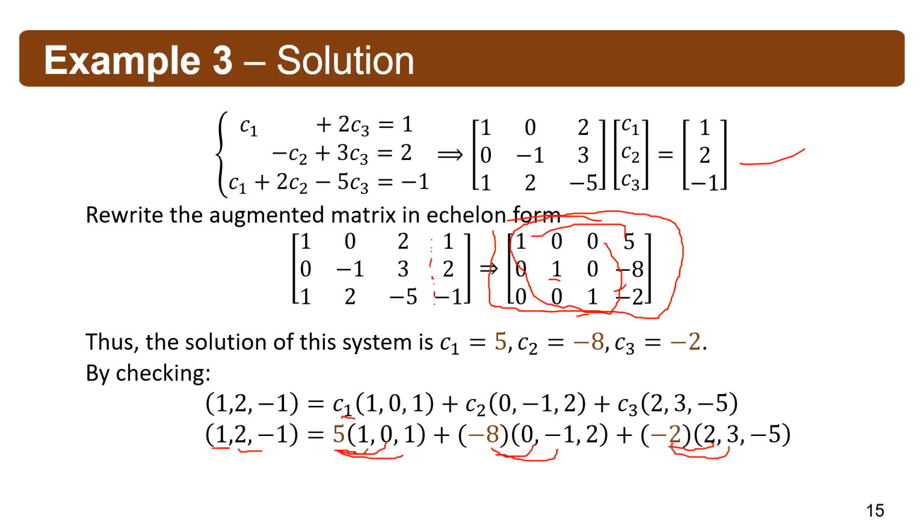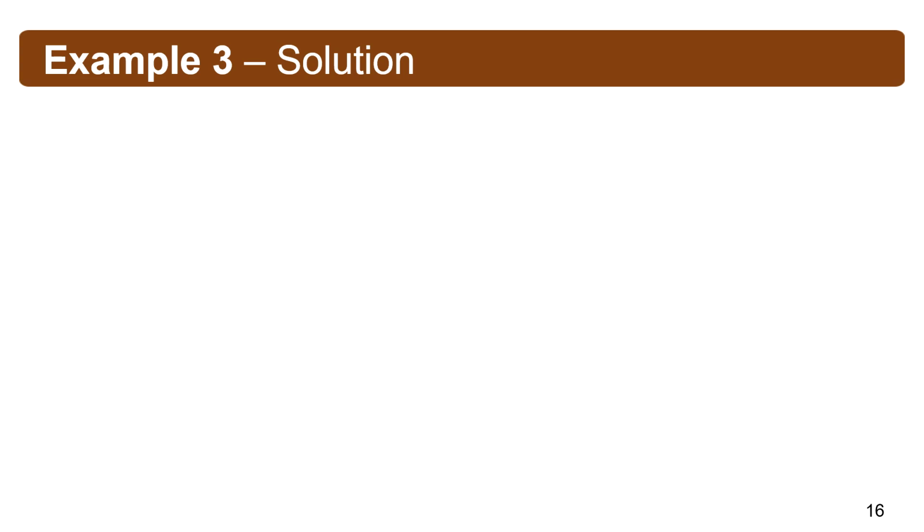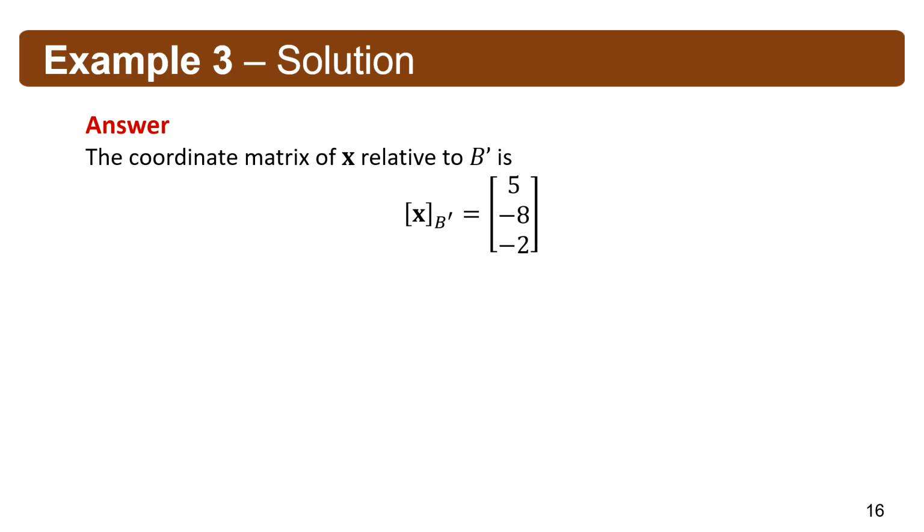Then you have 5 minus 16 plus 10, that will give you -1. So you have the correct values for C1, C2, and C3. Okay, there you go. So that's your answer.